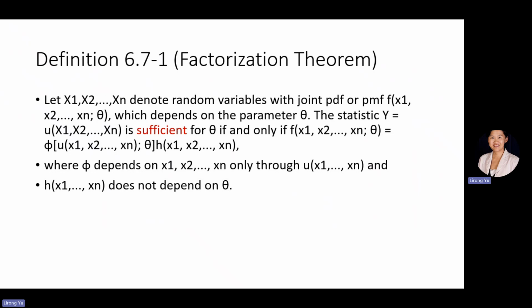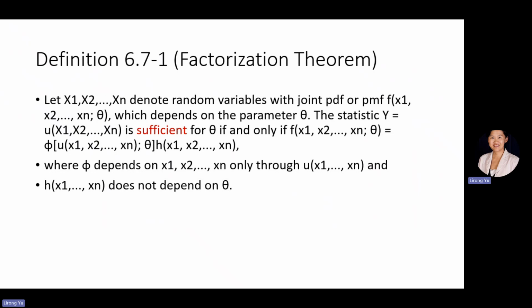If this is the case, then we would say that the formula u(x1, x2, ..., xn) is sufficient. So we're able to factor into two parts. Part of it is the one that is related to theta, but in that one that is related to theta, u is the only thing in there. So we don't have the individual x1, x2. u would be the one that would allow you to figure out theta, so to speak.